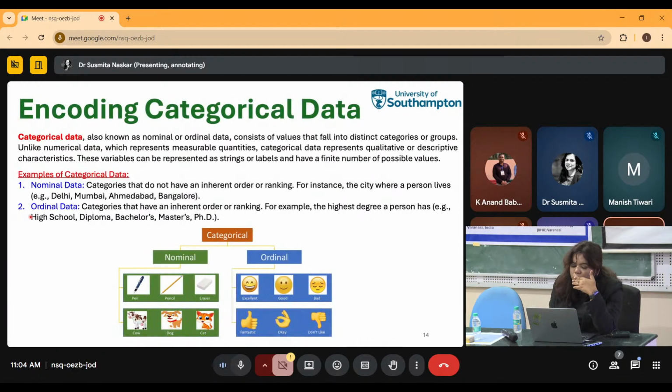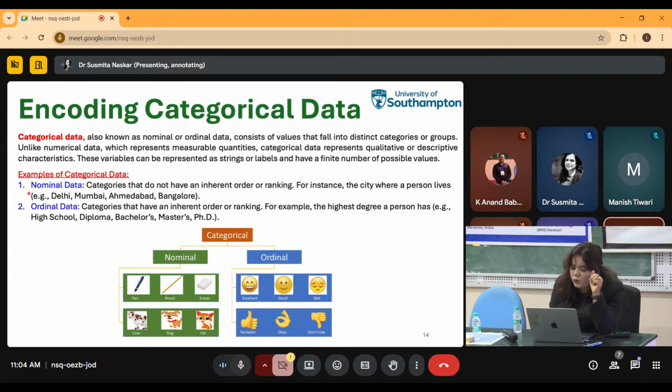Now if you look at the other one, this is where we also use categorical data. Categorical data is a variable that describes groups or levels, not magnitude. Most ML models need numbers, so we must encode these categories, right? There are two types.